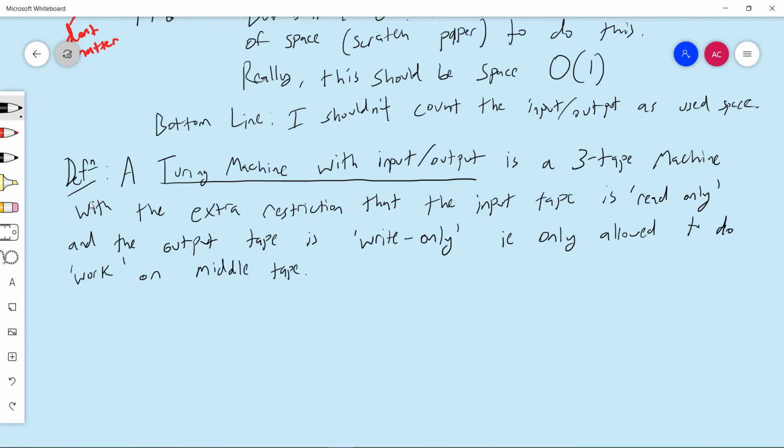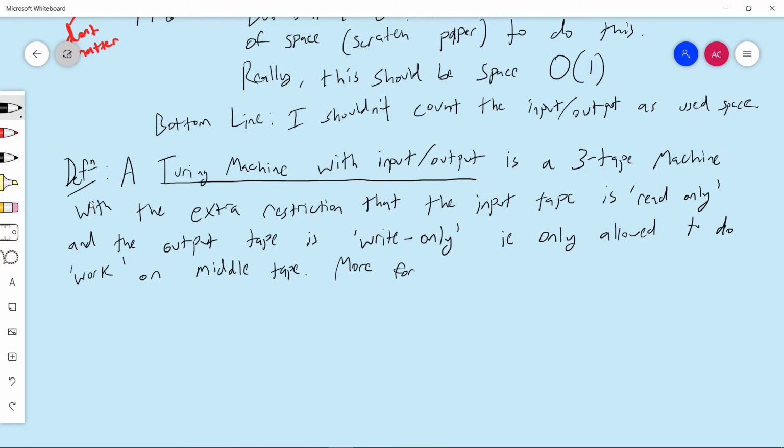And I could have defined this as a multi-tape Turing machine. I could have had more than 2 work tapes. It doesn't really matter, but we only really need a 3-tape Turing machine. So let's formalize this and see what we need to say about the 3-tape Turing machine to get a read-only input string and a write-only output string.